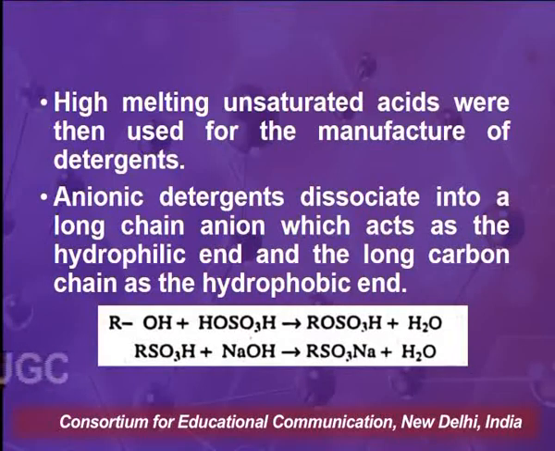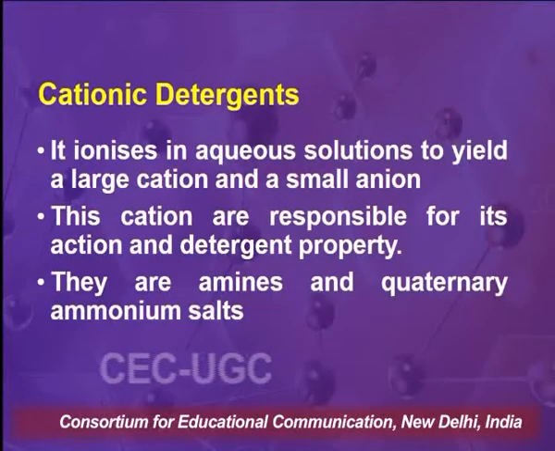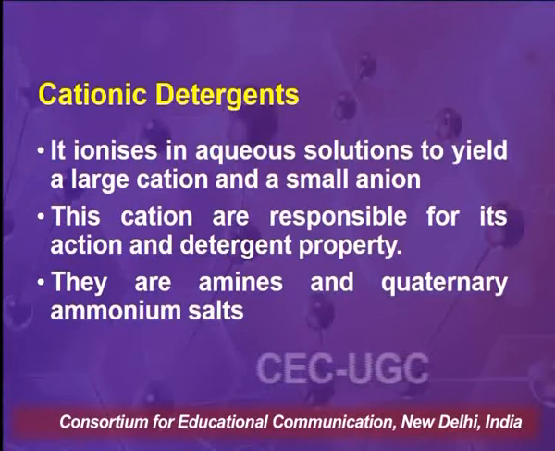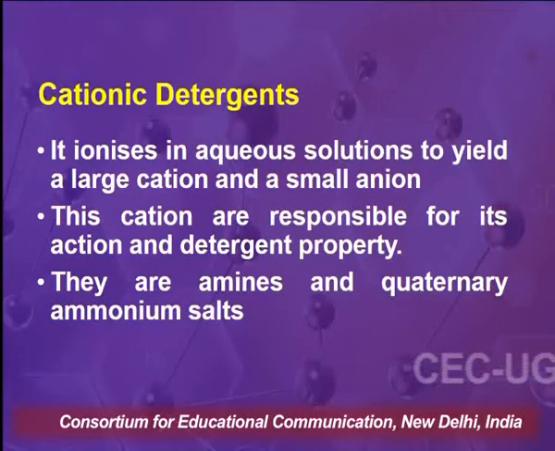Anionic detergents dissociate into a long chain anion, which acts as the hydrophilic end, and the long carbon chain as the hydrophobic end. Coming to cationic detergents, they ionize in aqueous solutions to yield a large cation and a small anion.